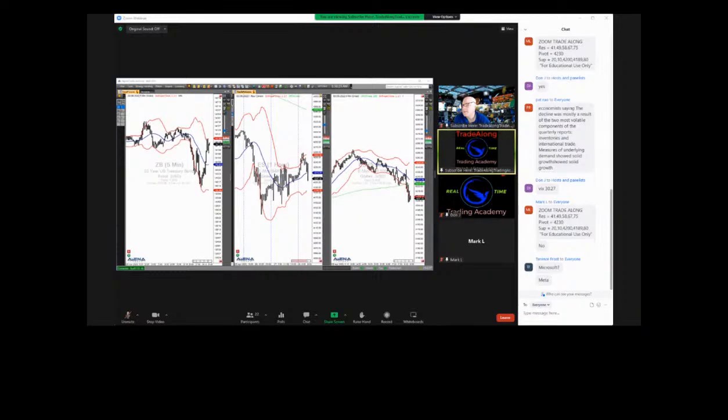Archegos Capital Management founder Bill Hwang has been arrested in the United States a year after the collapse of his private investment firm sent shockwaves across Wall Street. Hwang and his CFO were specifically charged with 11 counts of racketeering, conspiracy, market manipulation, and fraud, with interrelated schemes to unlawfully manipulate the price of publicly traded securities in Archegos' portfolio, and to defraud many leading global investment banks and brokerages. That's hard to do, by the way.